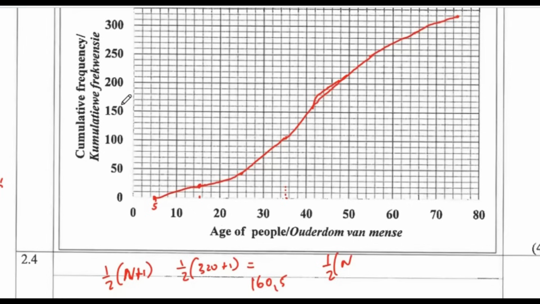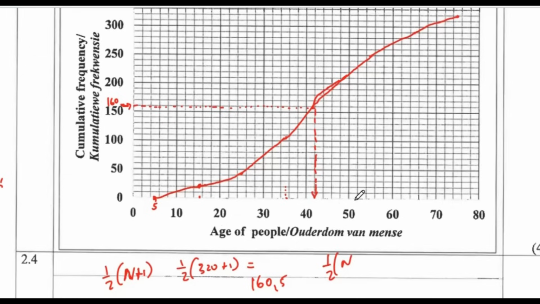So which means I locate 160 on this side. And then I must follow this line of 160 till I meet up with the graph. So it's where my graph is meeting. And then I'll drop this downwards. Find how many years it is.